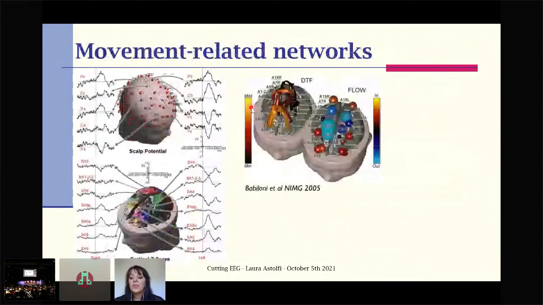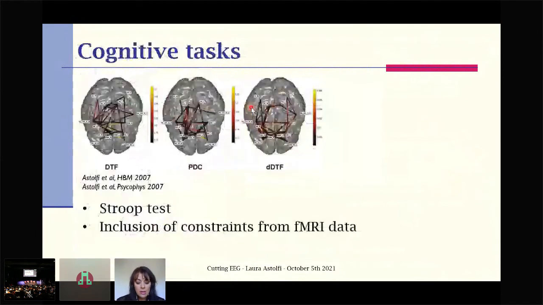I think I will skip this because I have a few minutes and I have other applications which I would like to focus on. This one I would like to comment on because it's based on the inclusion of constraints derived from functional magnetic resonance imaging data into the EEG source analysis.